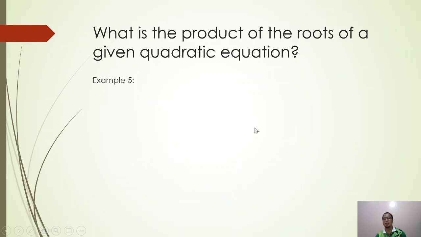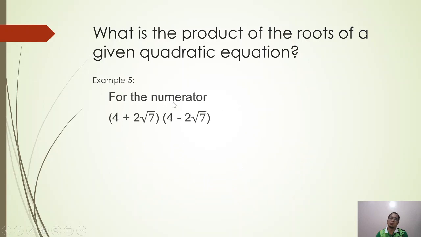Focus muna tayo sa numerator. Ayan. Kung mapansin po natin dito, we have here now binomial. Pag sinabi nating binomial, dalawa yung terms. Okay po? Ito yung unang term. Ito yung pangalawang term natin. Sa kabila, ito yung term na una. Ito yung pangalawa.